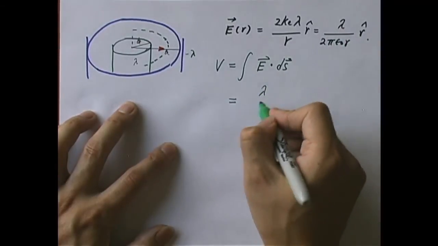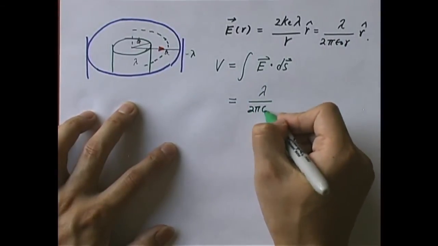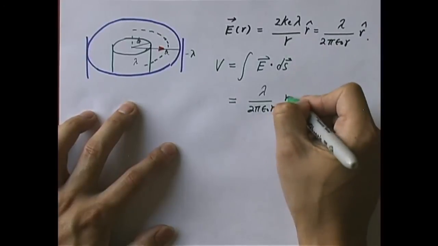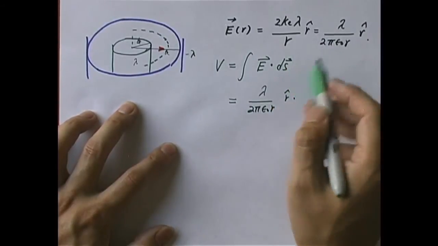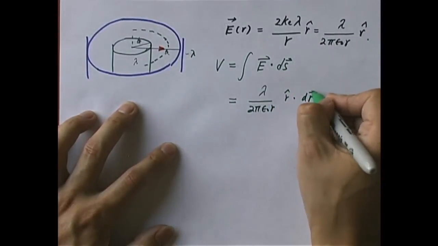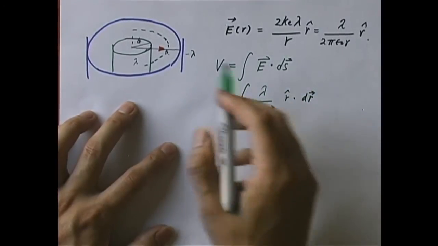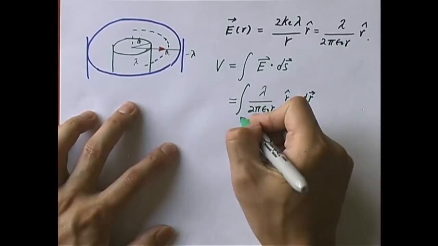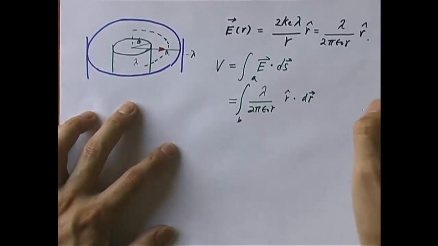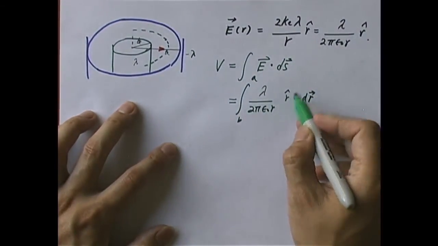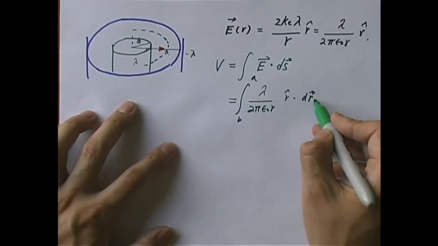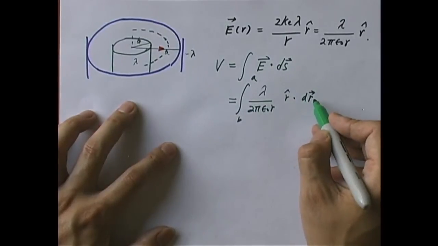So it's lambda over 2 pi epsilon naught r dot ds. ds is just dr, going from b to a. R hat and dr are in the same direction, so it's just dr.